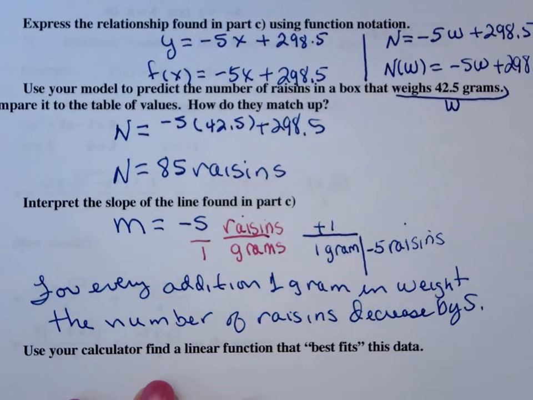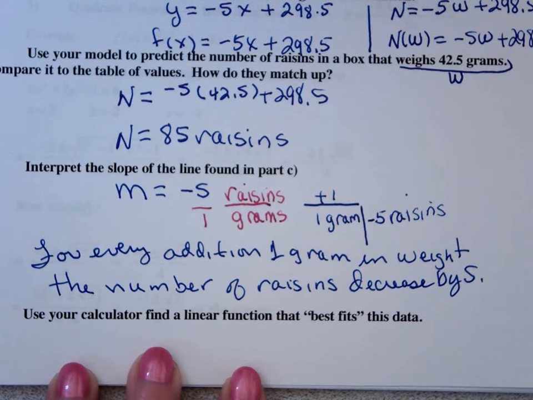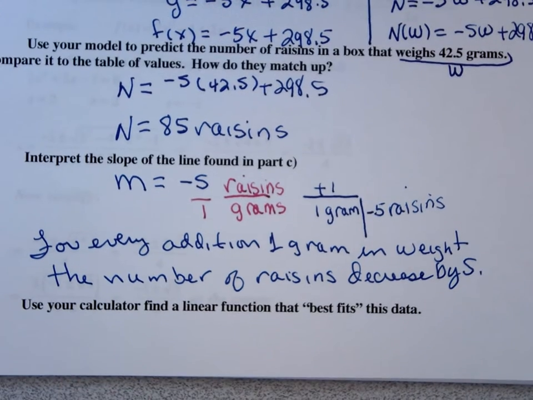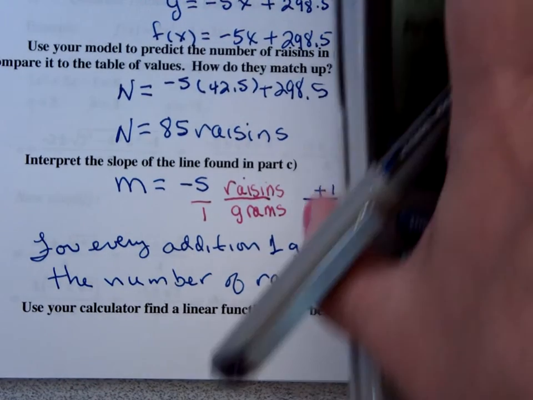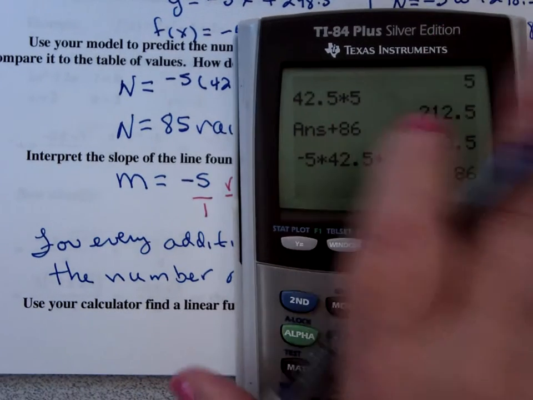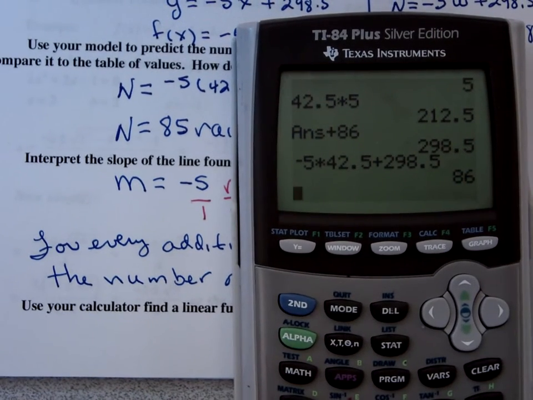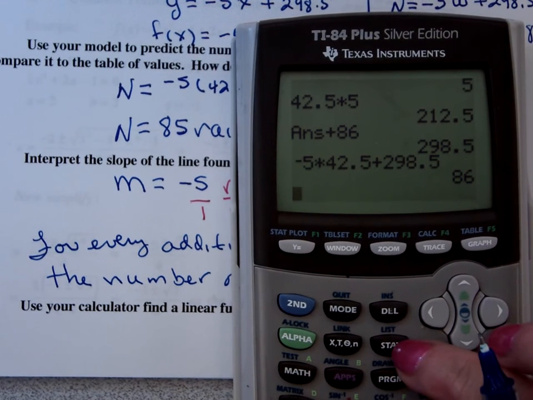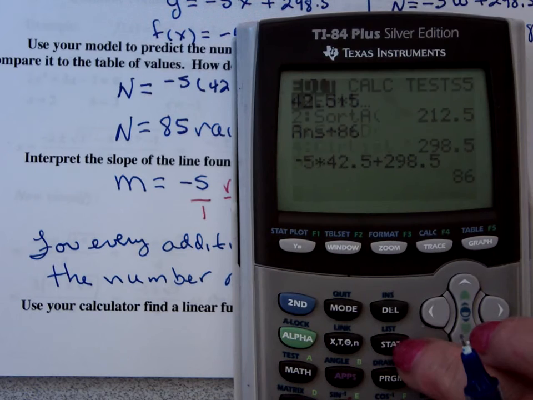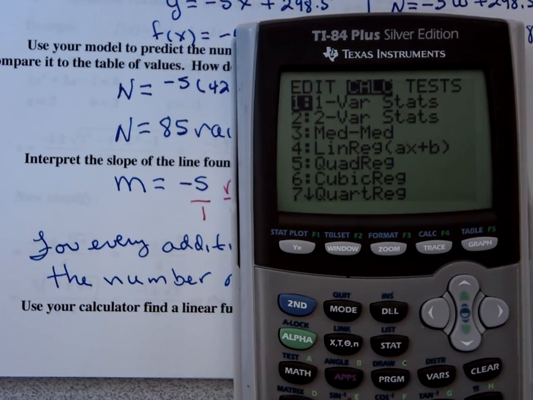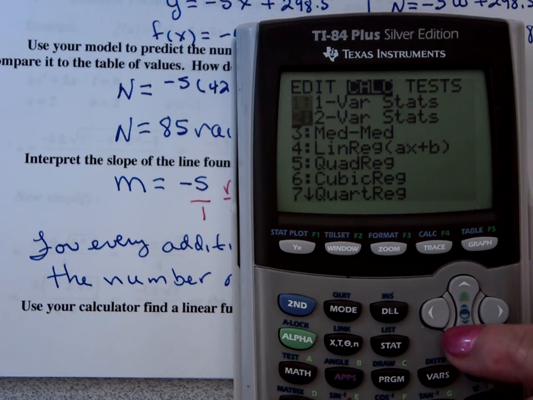And then it says, use your calculator to find a linear function that best fits this data. Well, we know how to do that, right? So on our calculators, we've got the data loaded. So we go to Stat, second row, third column. And now we've got our data in. We're going to calculate. We want a linear regression, LINREG.